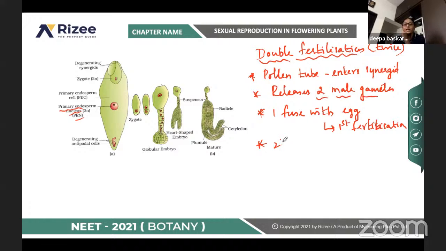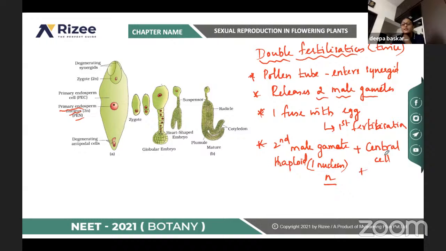The second male gamete fuses with the central cell. This male gamete has one nucleus, which is haploid in nature, that is, the number of chromosomes is N.